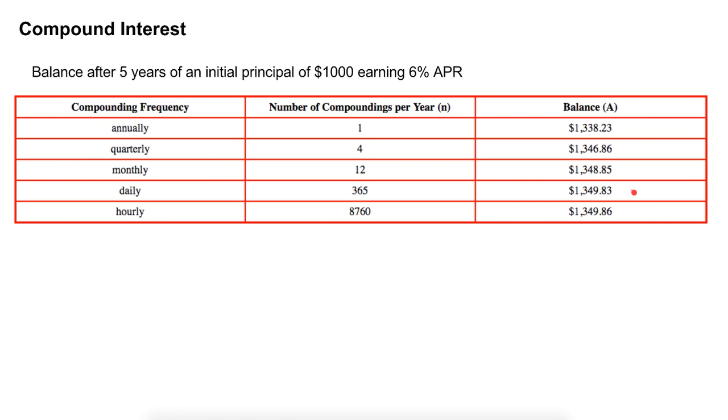If we go to hourly, that was only 3 cents more between daily and hourly. Even though we're compounding so much more frequently, we still only earned 3 cents more. So it seems like the more we compound, we are getting more money, but how much more is decreasing.